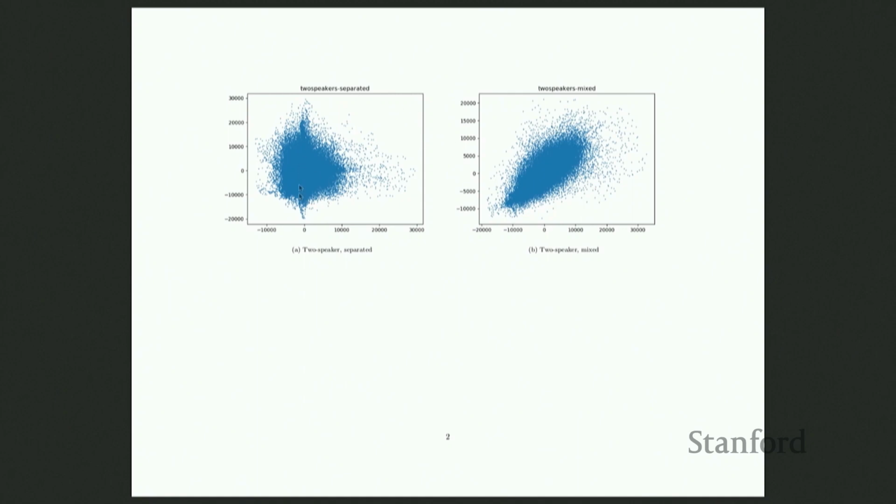We see that in the separated version, even though they are not Gaussian, it is still not spherical, right? You can kind of see that there is some elongation along this axis and there's some elongation on this axis, and it's not perfectly spherical. So when we start with the mixed version, this is basically the scatter plot of the mixed audio clips, right?